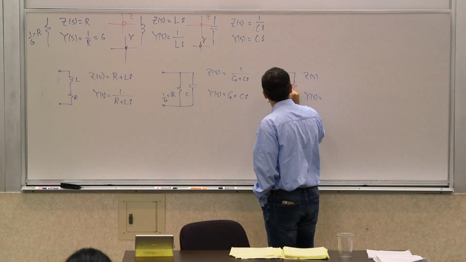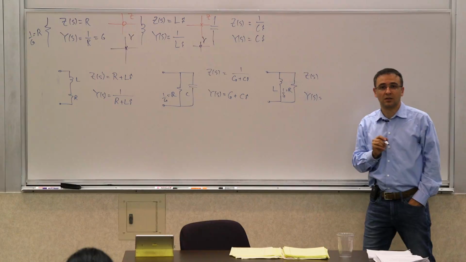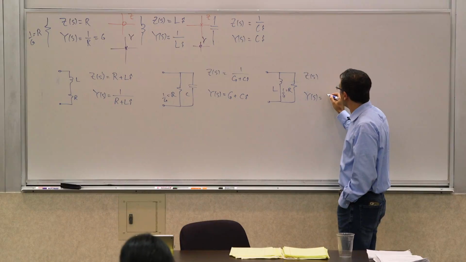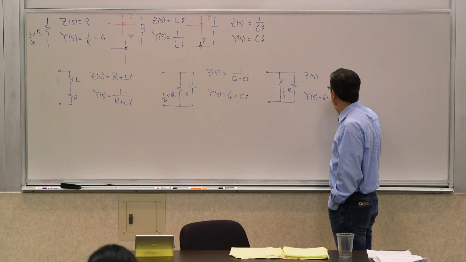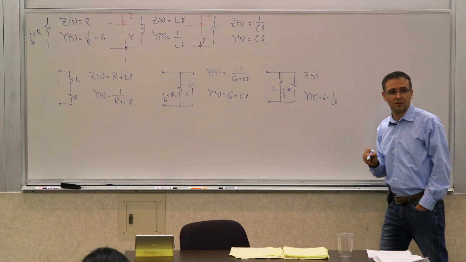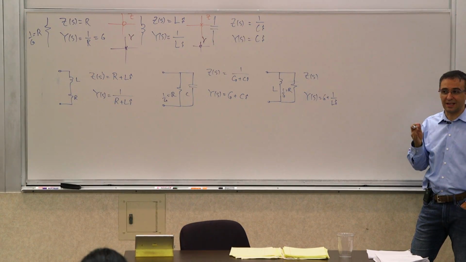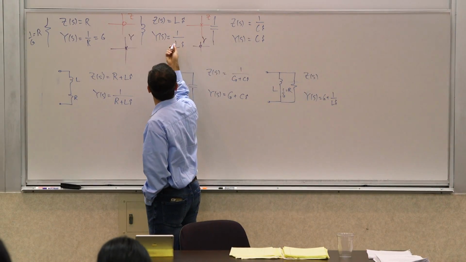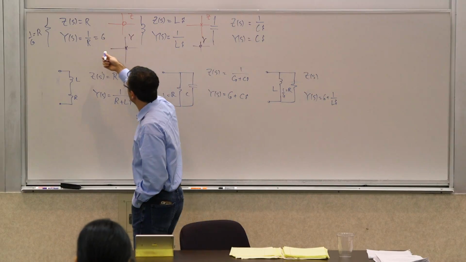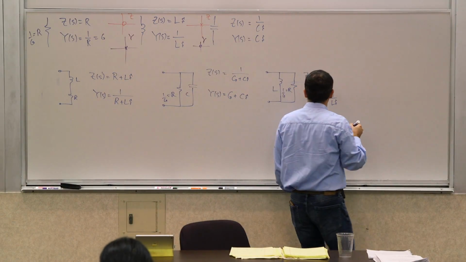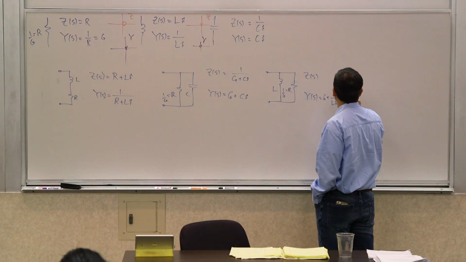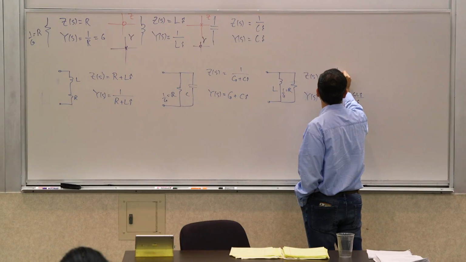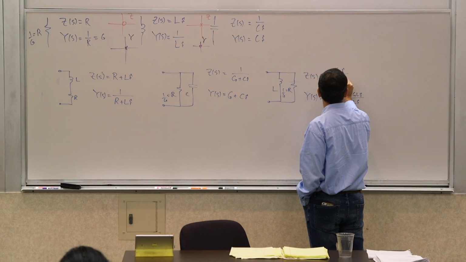So this is 1 over G. Okay, it's G plus 1 over LS, right? They're in parallel, so the admittances add. The admittance of this one is 1 over LS, and the admittance of that is G. You can also write this as 1 plus GLS over LS. And the impedance would be LS over 1 plus GLS.